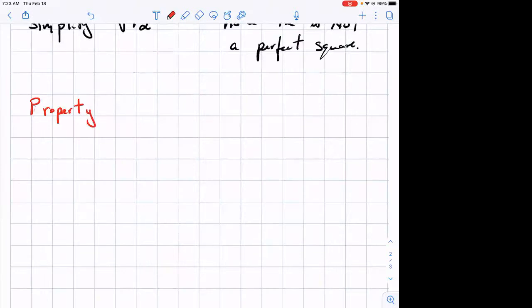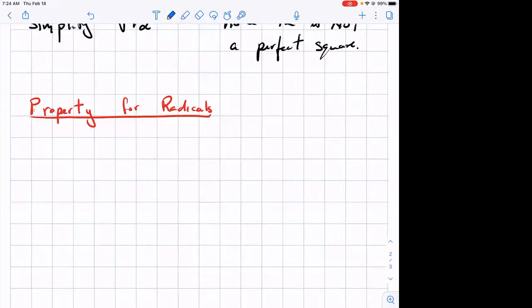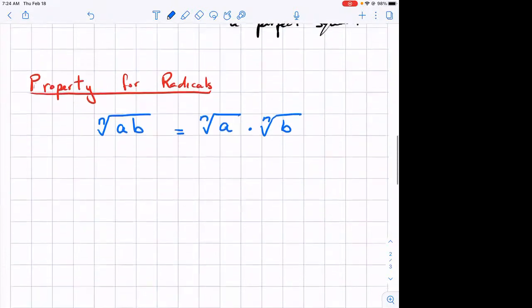Let's call this the property for radicals. That property will help you to understand what we do. If we have the nth root of a times b, this is the same as the nth root of a times the nth root of b. Keep in mind how we get this.